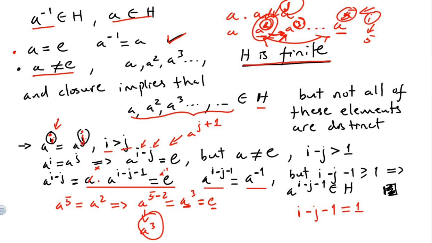Okay. And now it can be 1, it can be 2, it can be 3. It depends when the element repeats itself here, okay?